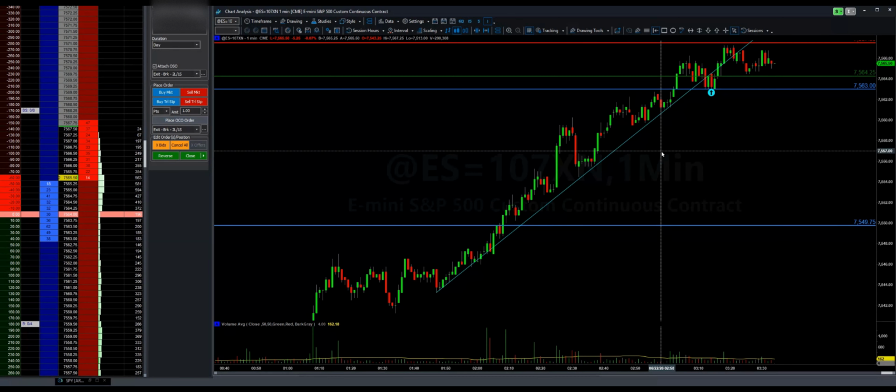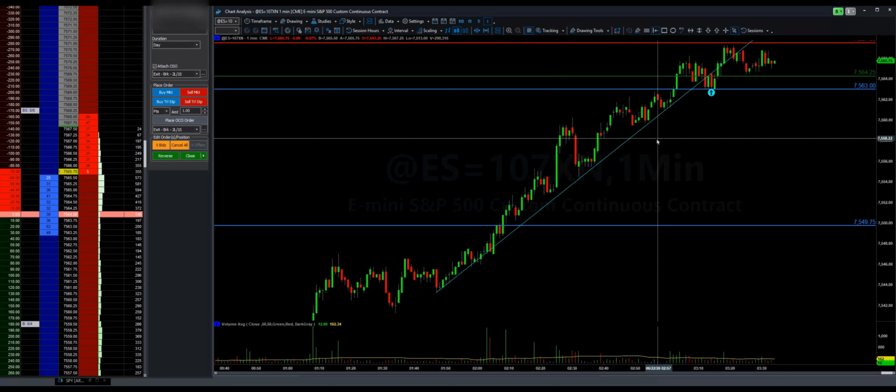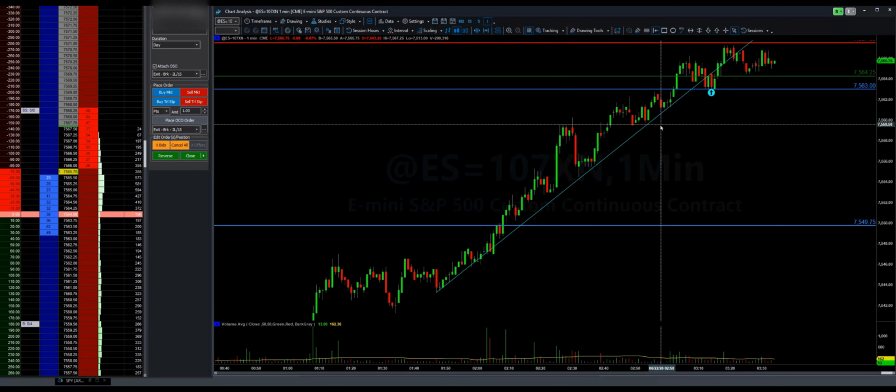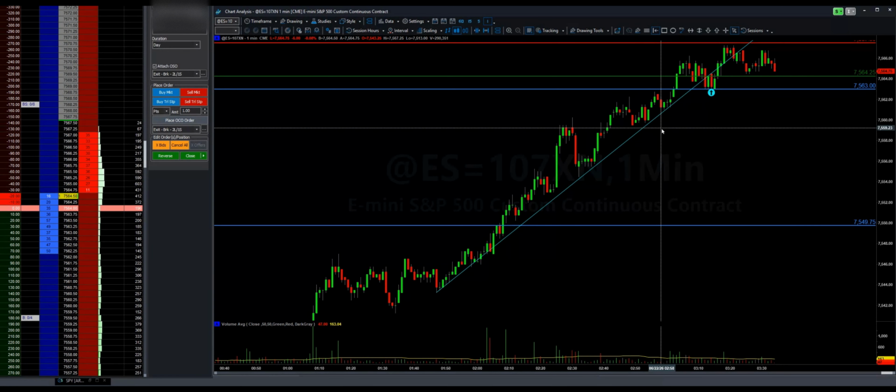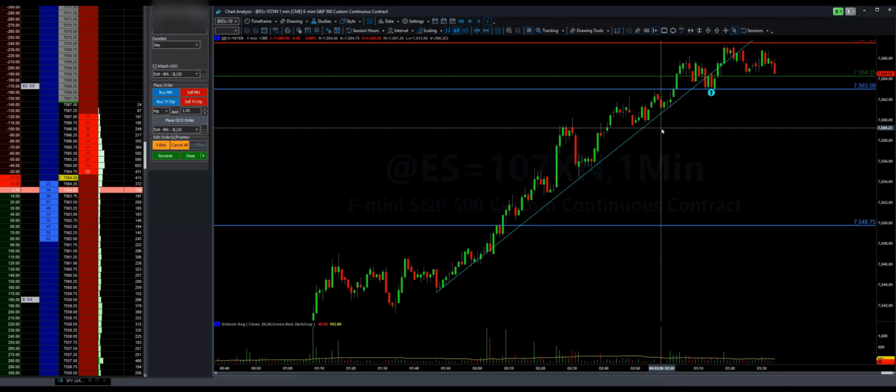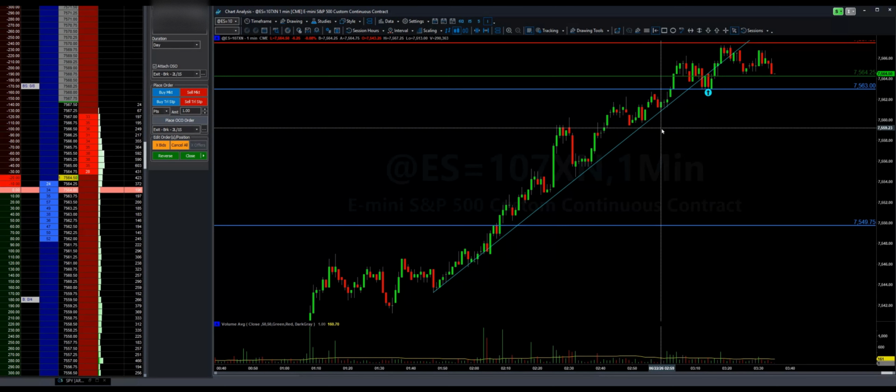Our first target is around 59.50, which is here. Nasdaq shows some weakness now. RTY and Dow Jones are still holding sideways.